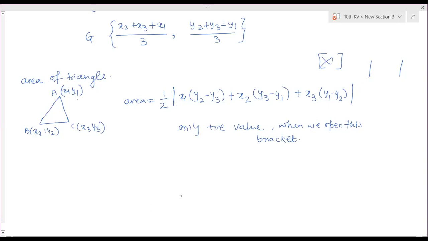Now from where did we get this formula? How to derive this formula? Just a second. Okay, I will show you.